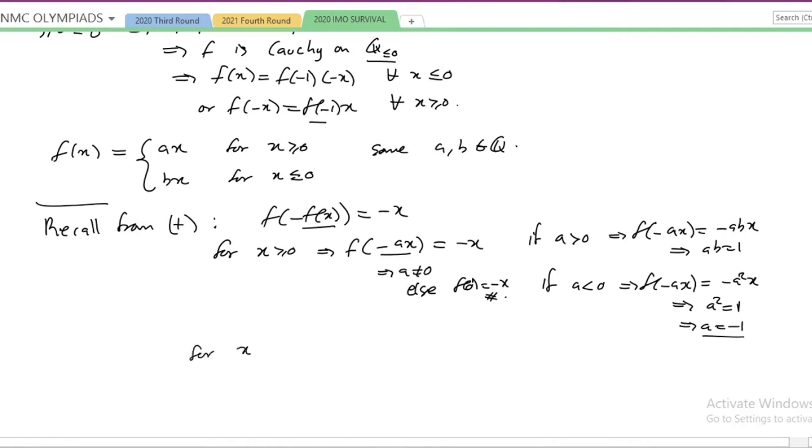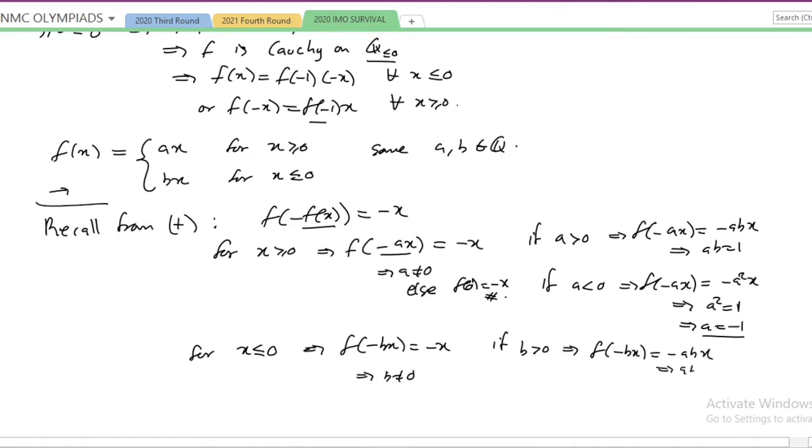Okay, so we'll do something similar now for the negative ones. So this time minus f of x itself will be bx. Okay, so once again b is not 0, so we have two options. If b is bigger than 0, then minus bx will be positive, since x is negative. So this, following this rule here, is equal to a times that, so minus abx.